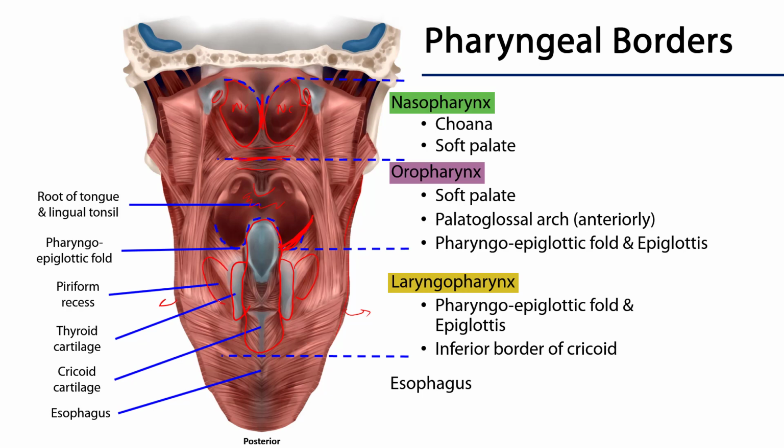So those are spaces in which food can get caught on its way down. So below the cricoid cartilage there, we would open up into the esophagus. So this is a nice view, and this is a view that we would encounter during our dissection of the pharynx and the larynx.